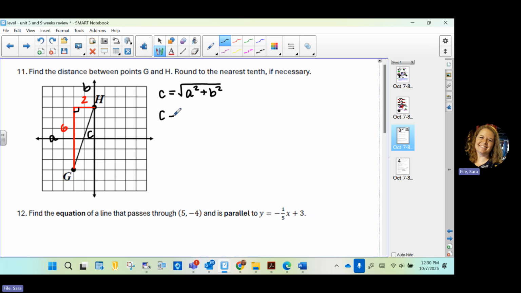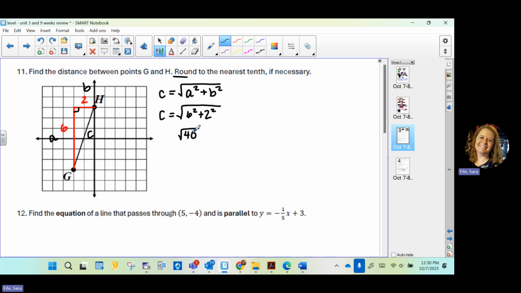So you could plug this in and have 6 squared plus 2 squared under the radical. And you can do all of this in Desmos, so you don't have to do this by hand. But that comes out to 13, or no, sorry, 40 under the radical.